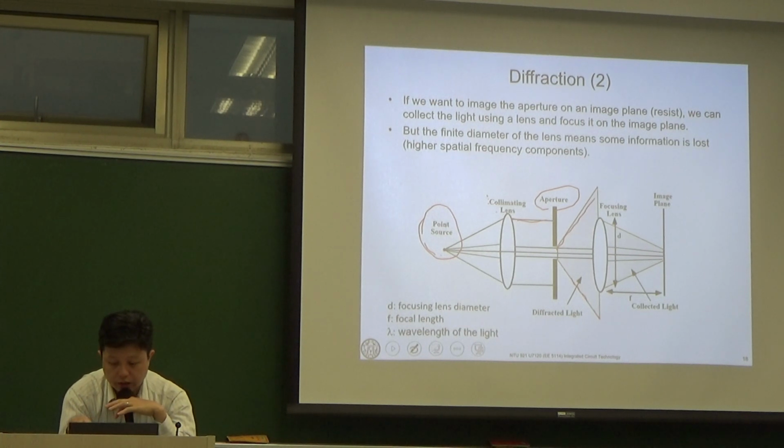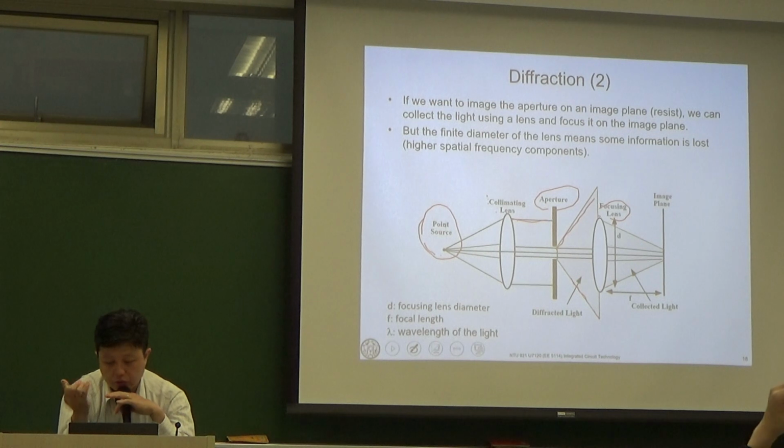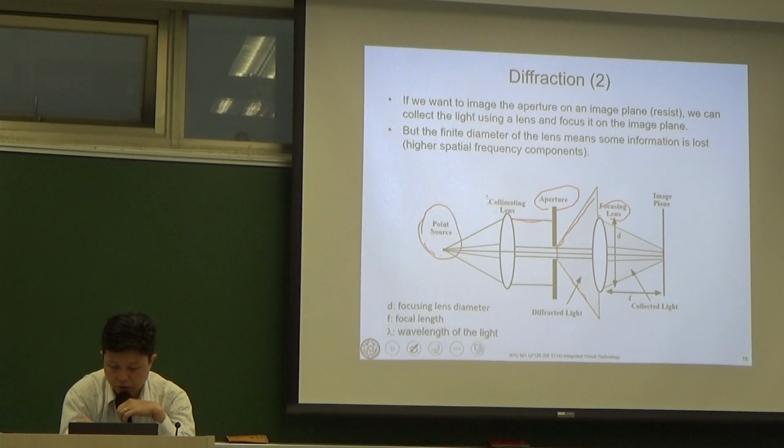Then we will use another lens, we call it the focusing lens. This is the basic optics we can use in the projection system. Although in reality there are more lenses and optics in more complicated systems, here we can use this to explain the idea.